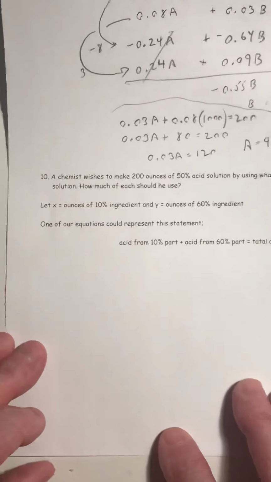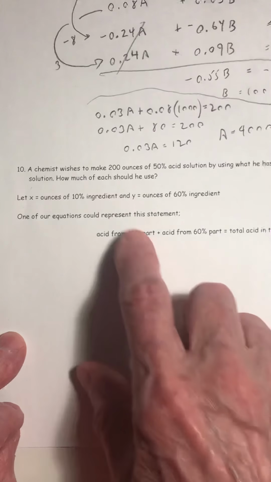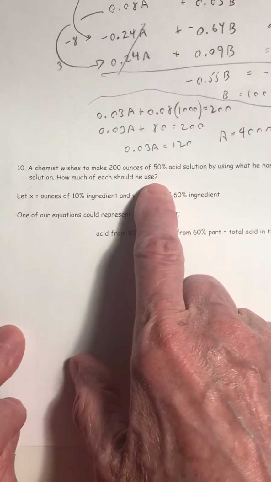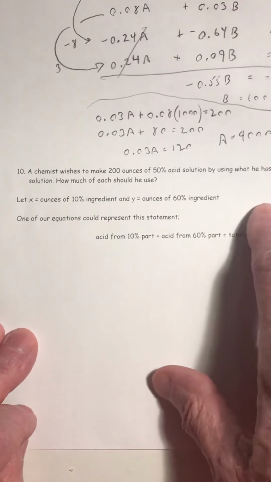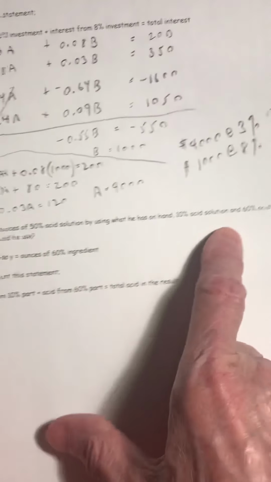And now, problem 10, another mixture problem. We're making 200 ounces of 50% acid by using what's on hand, 10% acid solution and 60% acid solution.